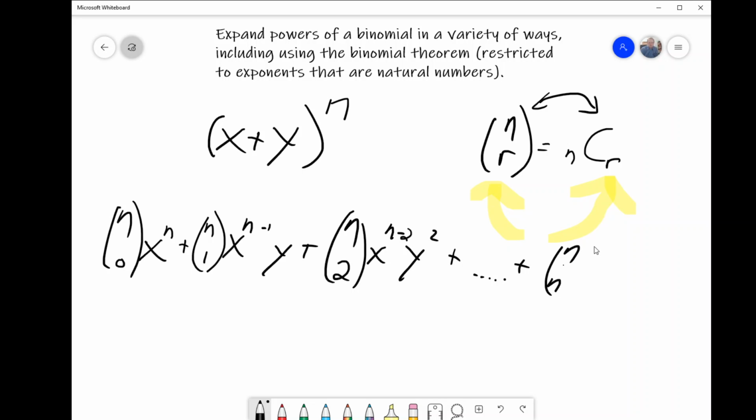We end up with n choose n, x to the 0, y to the n. So this is actually going to be a tremendous shortcut.